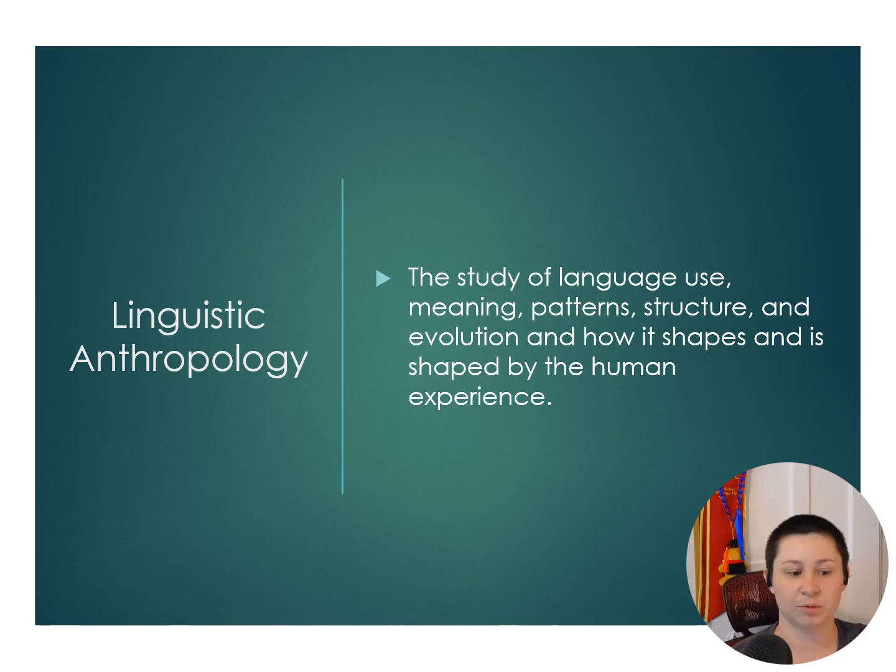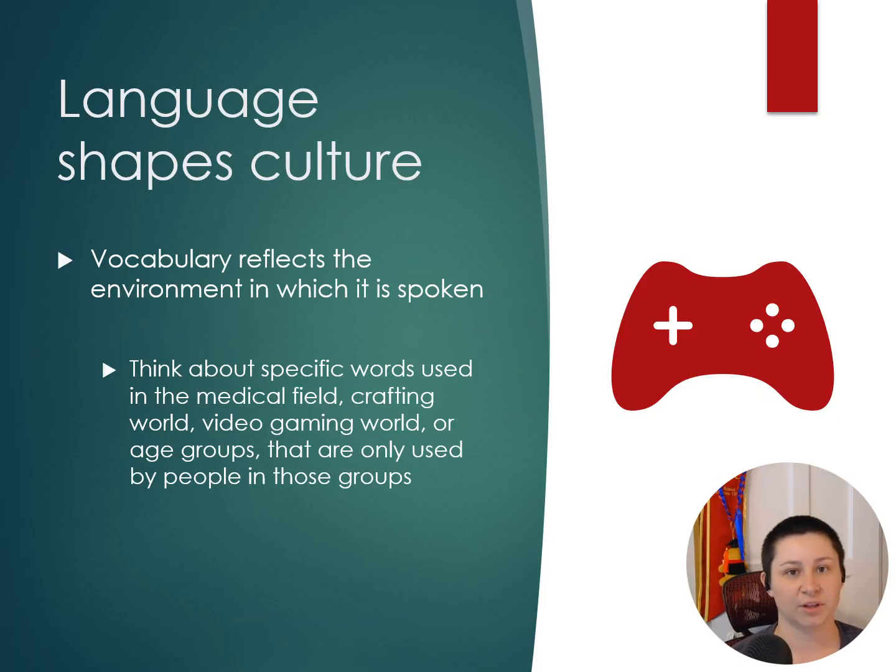Children and people grow up learning languages, but the specific words that we learn also kind of shape how we think. So the vocabulary that we use reflects the environment in which it is spoken.